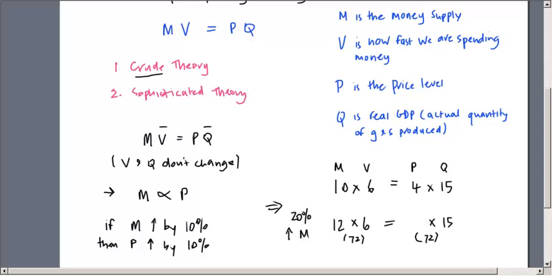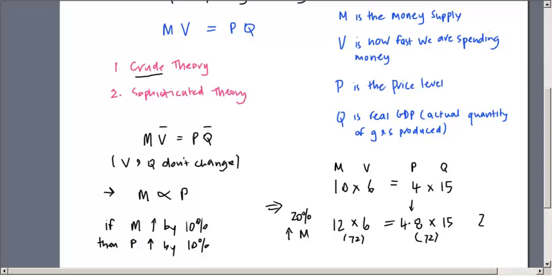I'll just pause for a second and do a calculation. So the calculation tells us that the price level would be 4.8. Now, those of you who are quick at maths will be able to see that the difference between 4 and 4.8, that shift there, is 0.8, which is 20% of 4.